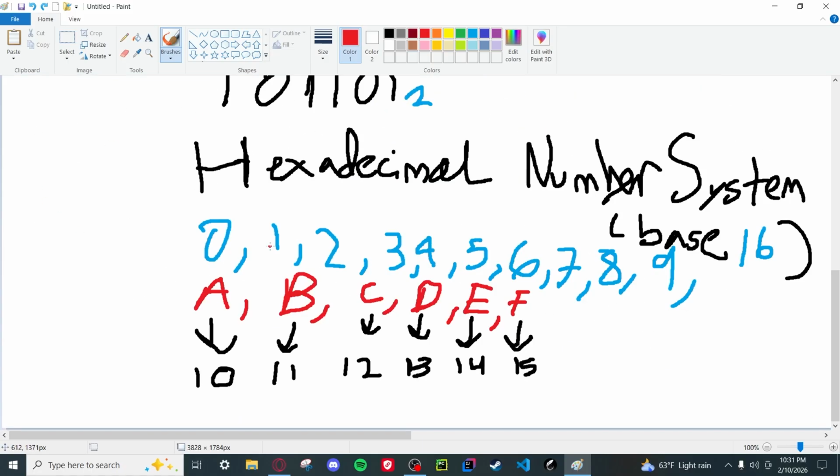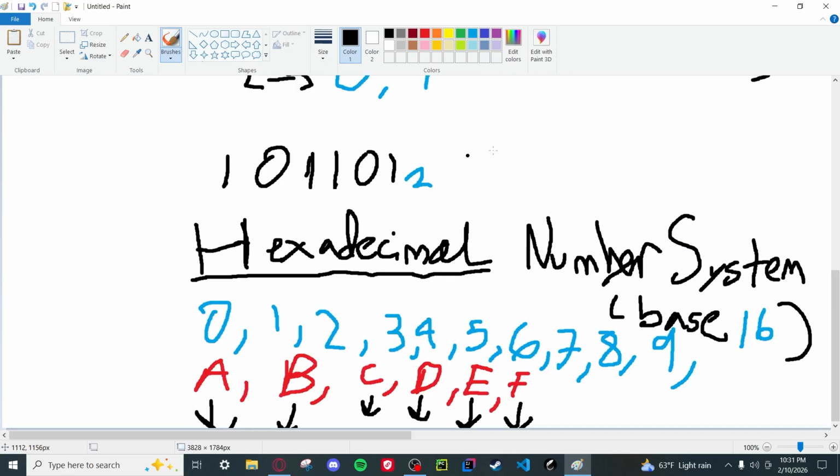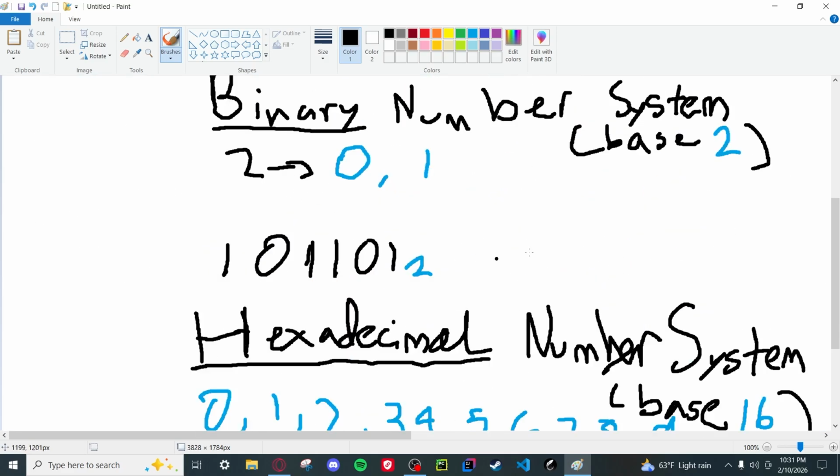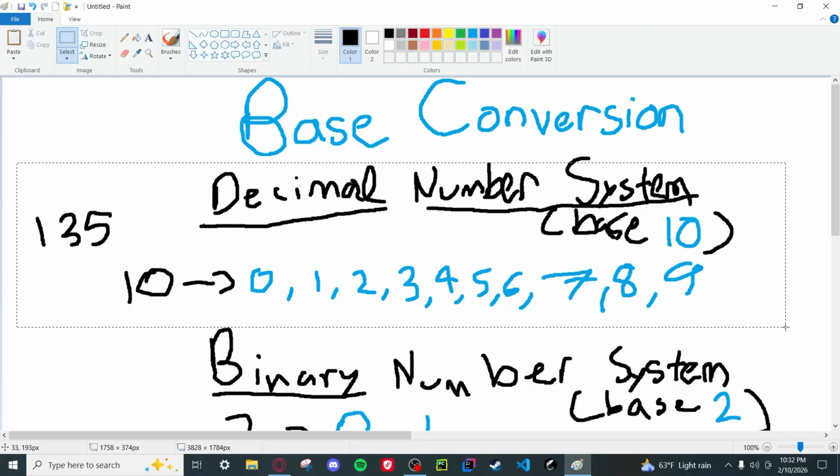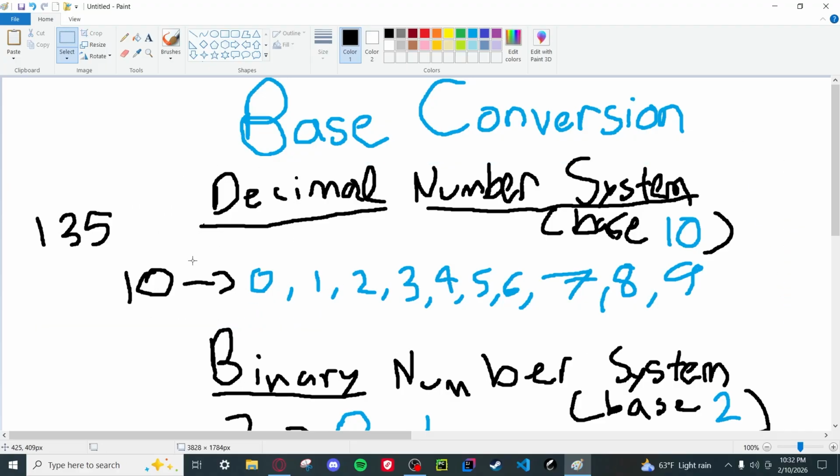Okay, so we've gotten an introduction into some important number systems. Now, it's important you understand these number systems and the numbers that are in them. The next thing I want to go over is base conversion. If you were in base 10, how do you convert a base 10 number like 135 into a base 2 number?